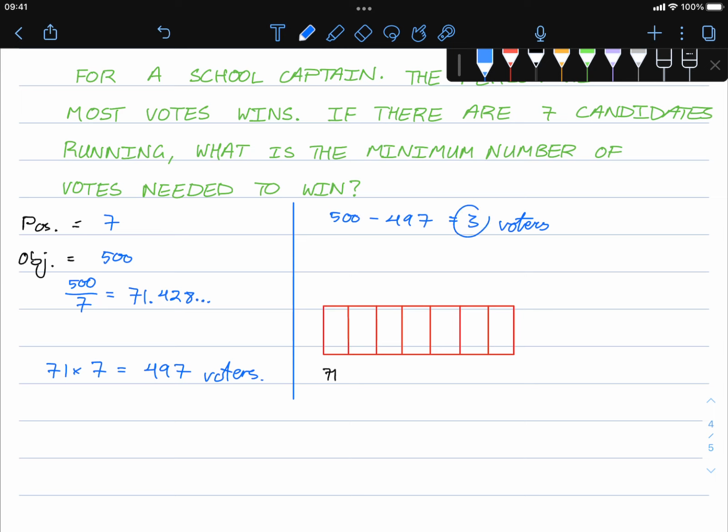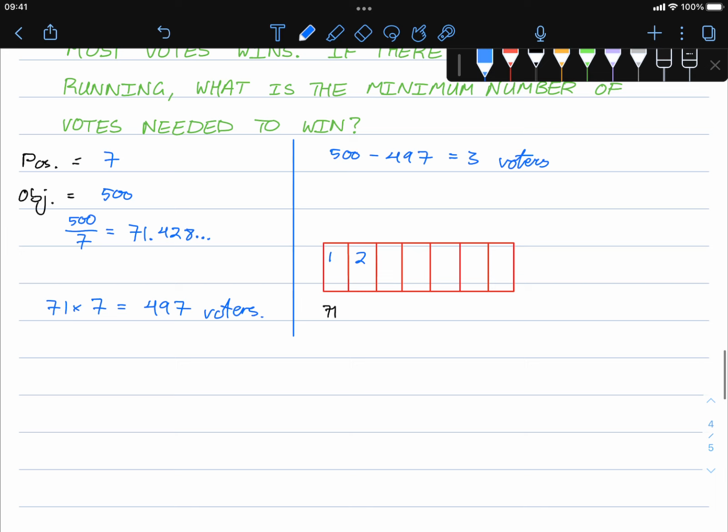Well, of these 3 voters, if 1 votes here and 2 vote here, then we have a clear winner. In that case, it's going to be 71 plus 2 votes. We need 73 votes.